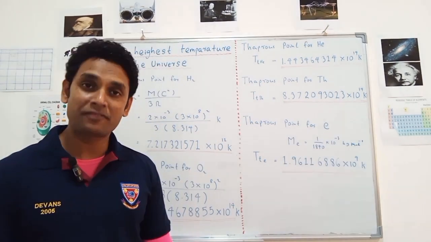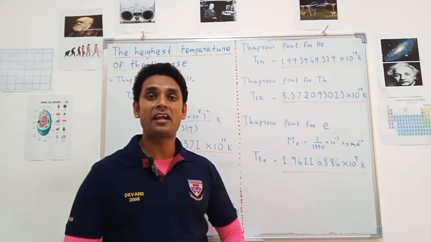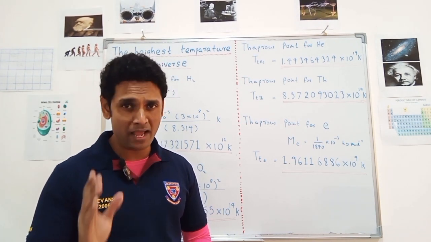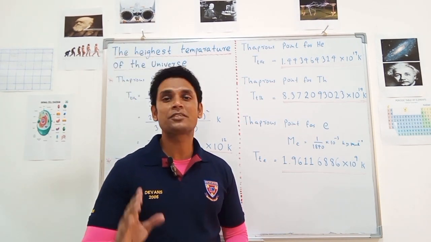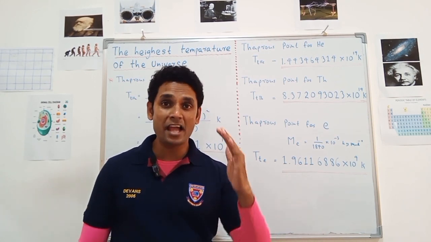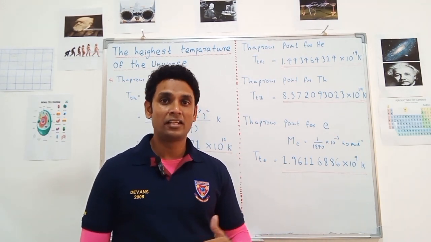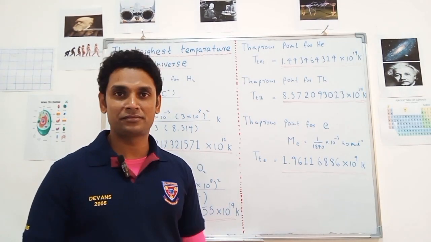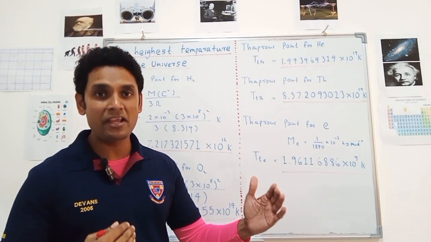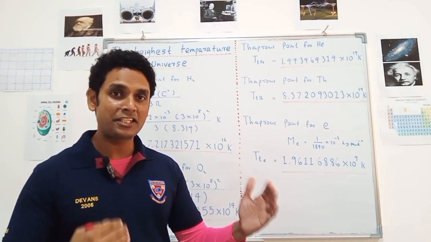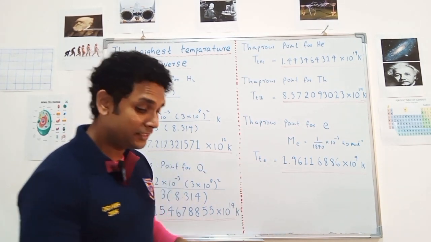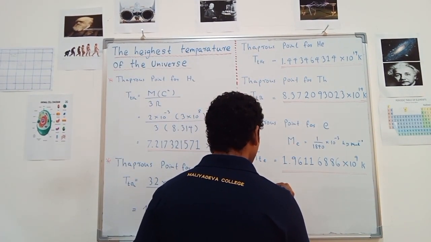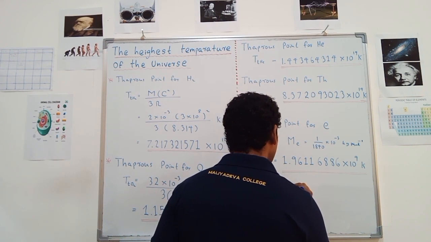But there's a problem as well. Electron can never achieve the speed of light. Electron is a particle with a mass and can never achieve the speed of light. So the actual temperature that we can obtain is going to be a little less than that. But how to calculate that?